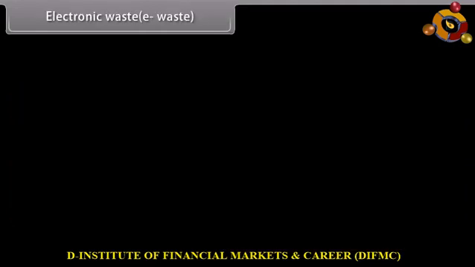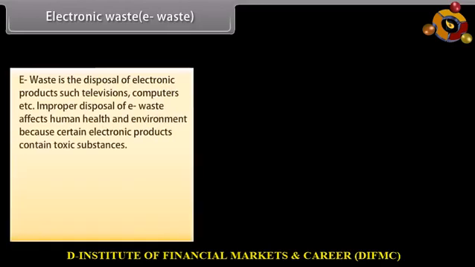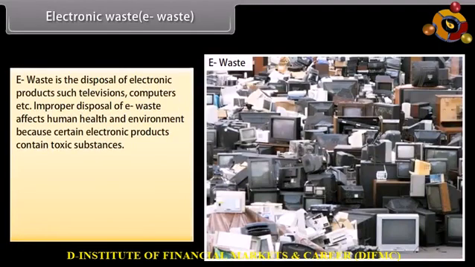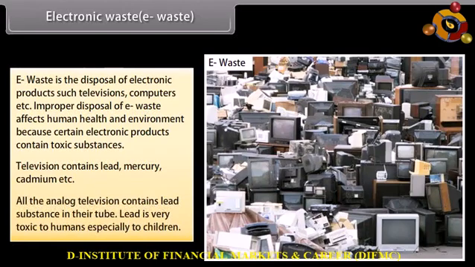Electronic waste, e-waste. E-waste is the disposal of electronic products such as televisions, computers, etc. Improper disposal of e-waste affects human health and environment because certain electronic products contain toxic substances. Television contains lead, mercury, cadmium, etc. All analog televisions contain lead in their tube.